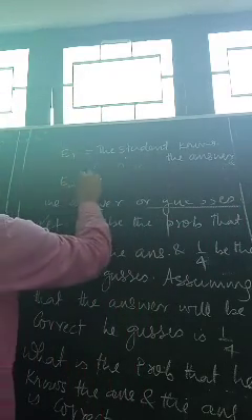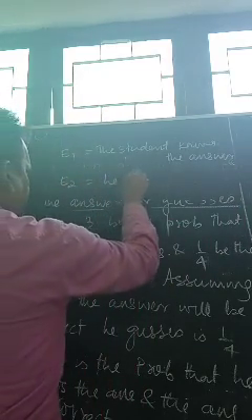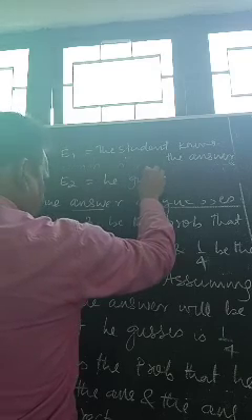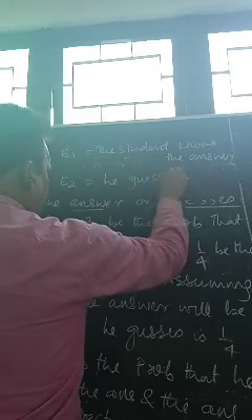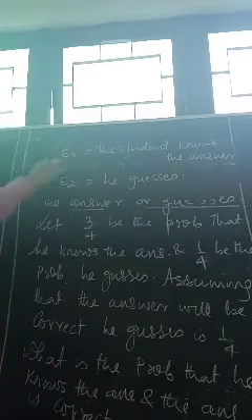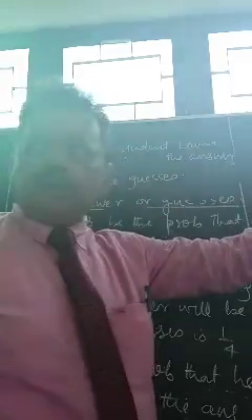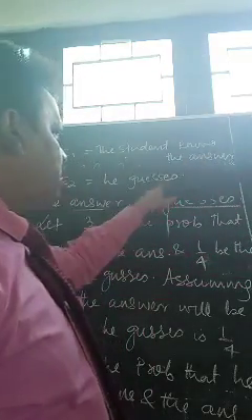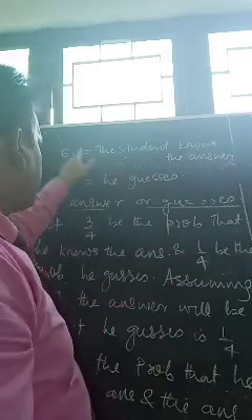E2, he guesses. Okay. So we got E1, E2 because these two are complement. Either he knows or he'll guess.